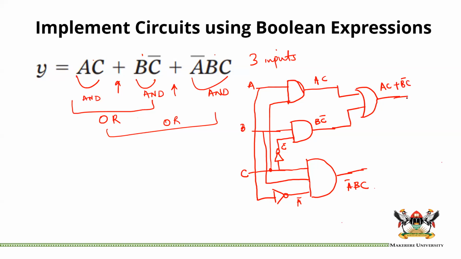Then I can pass this again through, please don't do this, but let me do it since I've run out of space, another OR gate, meaning that is my X.